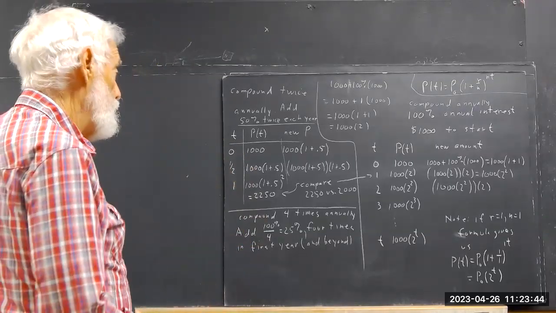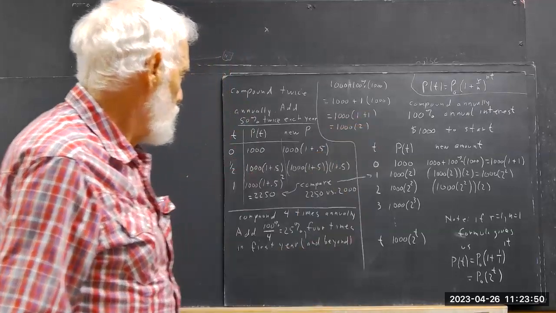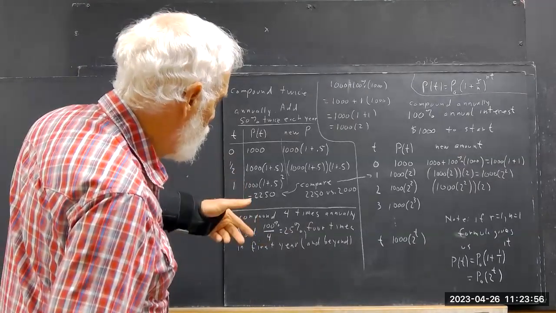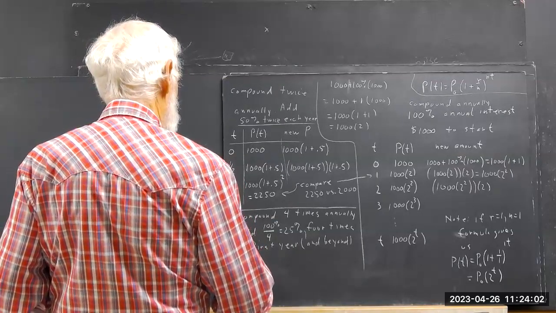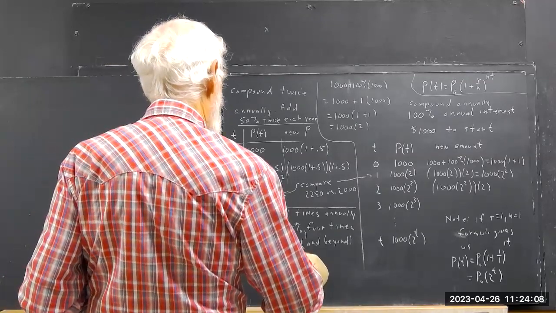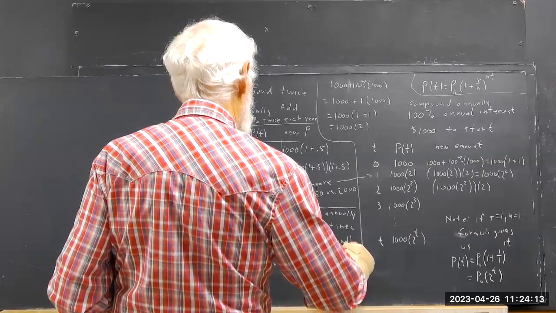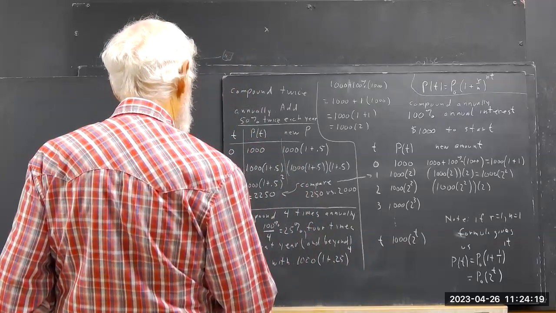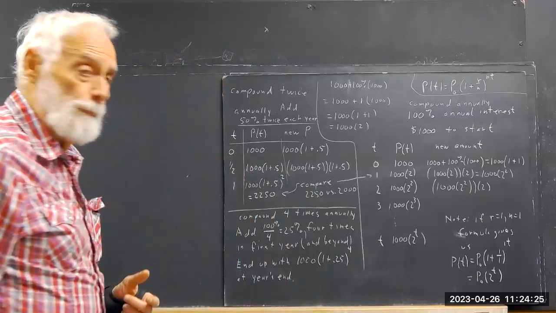To get the first year amount, well, I'm going to let you work it out. What would we get? We don't want to just blindly use a formula. We want to think of what we get if we add 100% over 4, or 25% 4 times. Okay.